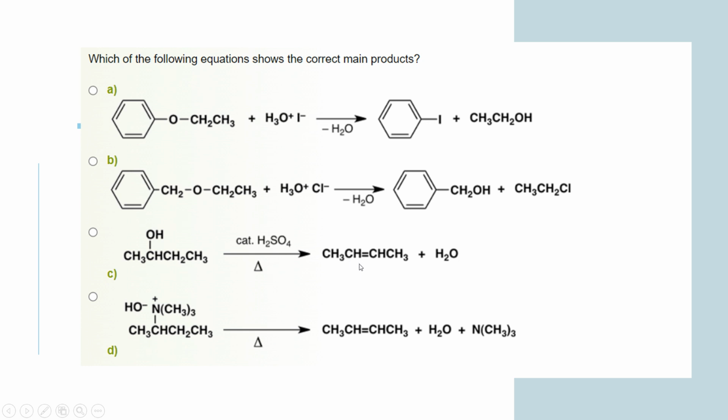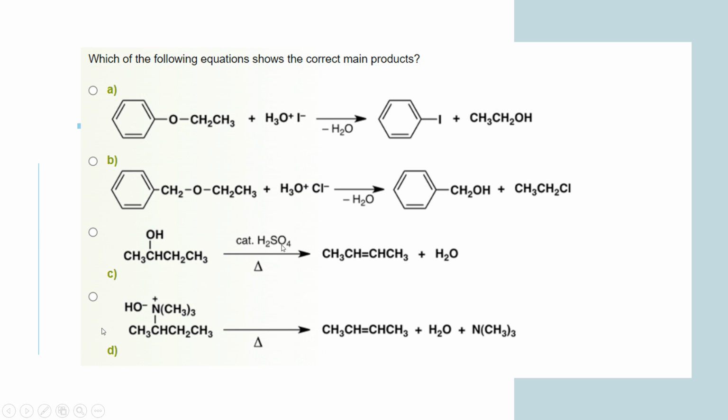After elimination of water, that is dehydration, this 2-butene is formed in this reaction, which is definitely correctly shown in this particular option. So now you know that option C is showing the correct product formed.